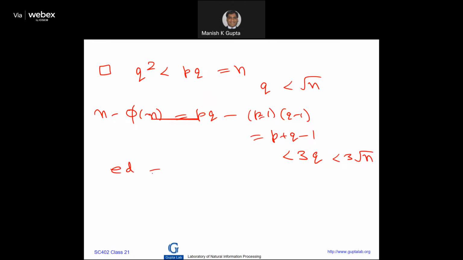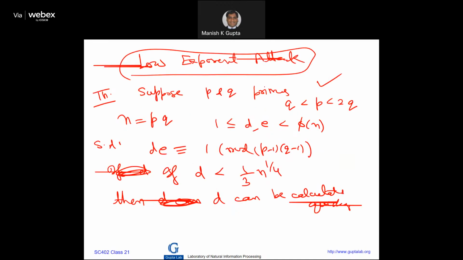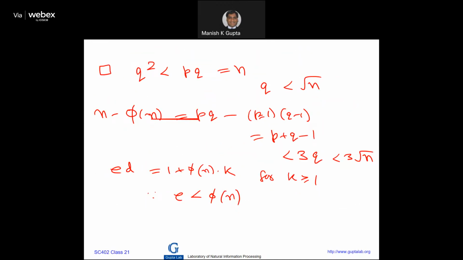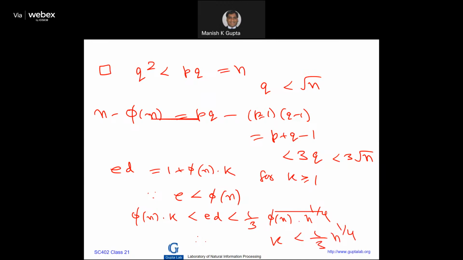Now ED is equal to 1 plus phi of N times K for some K greater than or equal to 1. Since E is less than phi of N, all these conditions are given, right? You can see that E is less than phi of N. We have phi of N into K less than ED less than 1 by 3 phi of N raised to 1 by 4. Therefore, we arrive at K less than 1 by 3 N raised to power 1 by 4 using this result.